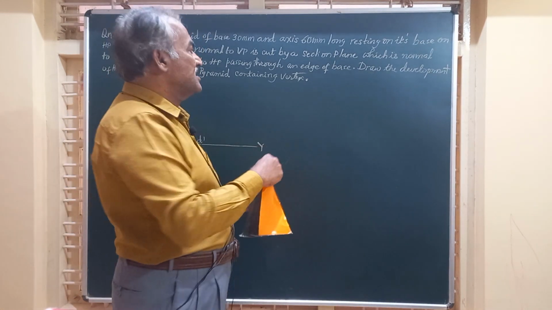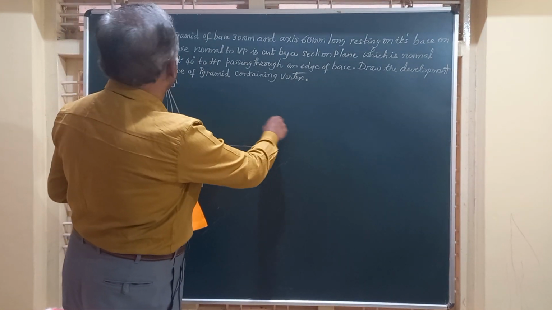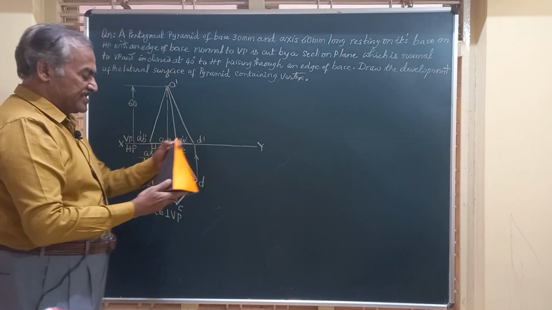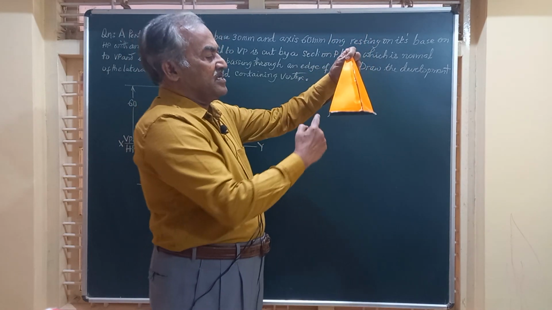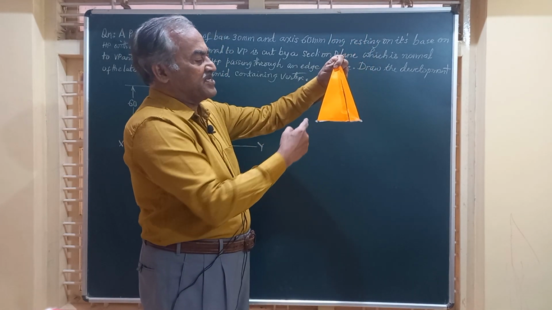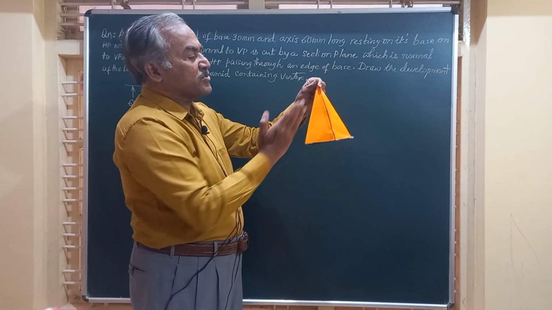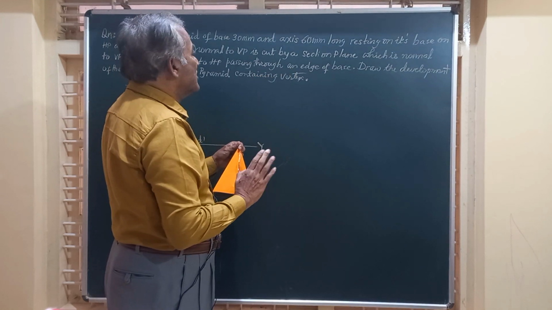So friends, the section plane should be at an angle of how much? It is 40 degrees, and it should pass through one of the base edges. If you take this as the base edge, A and B are the base edges, and it should be inclined at 40 degrees to HP.